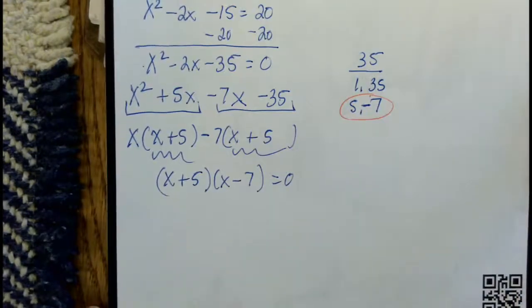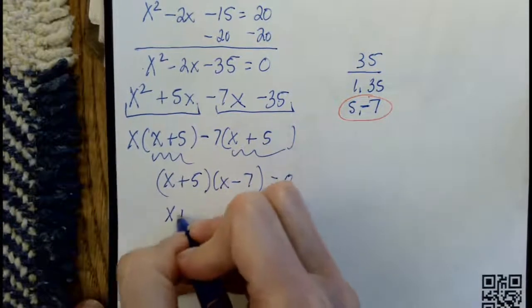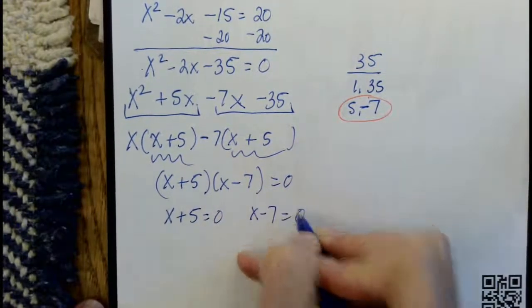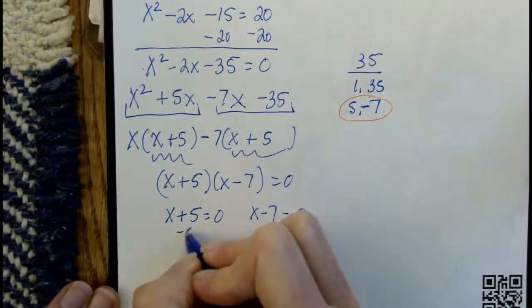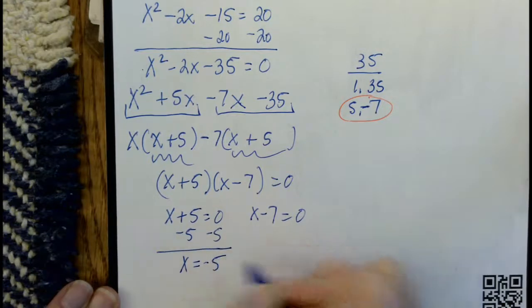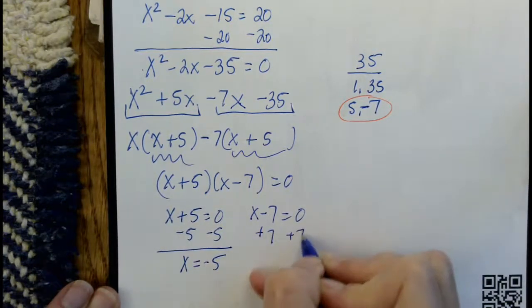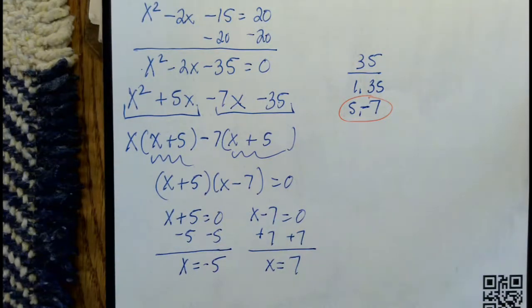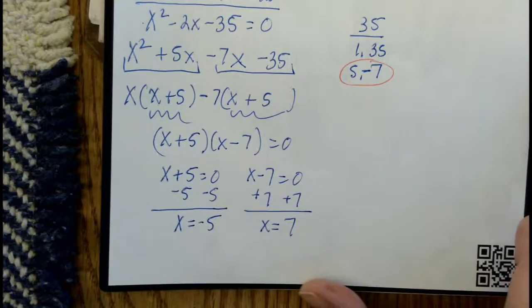And then we can take both of those factors and set them equal to 0. So we subtract 5 from both sides, get x equals negative 5. We add 7 to both sides, we get x equals 7. And now what we need to do is determine if we have any extraneous solutions.